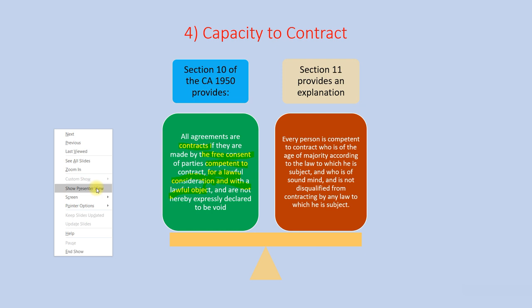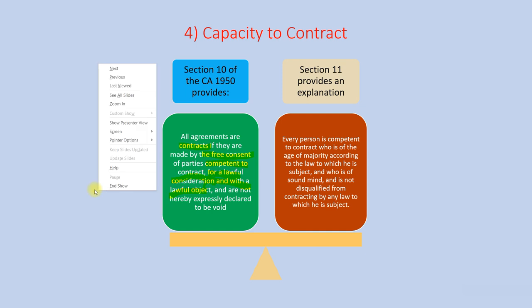Okay, it goes further in Section 11, where Section 11 provides that every person is competent to contract who is of the age of majority according to the law to which he is subject, and who is of sound mind, and is not disqualified from contracting by any law to which he is subject.